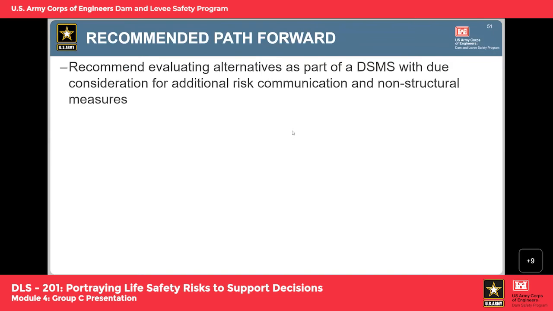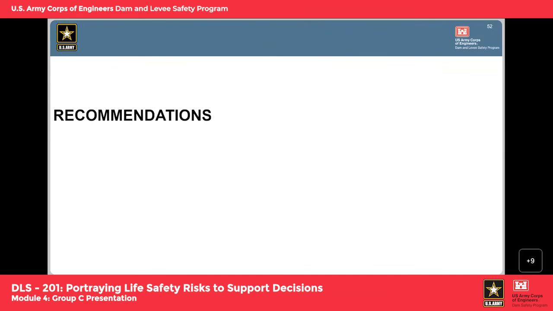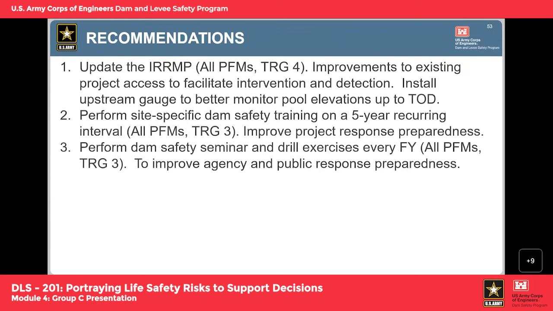We could communicate with the public to see if that's something they're willing to entertain. And then recommendations: again, update the IRMP with the new elements, perform the site-specific training that they're supposed to be doing, and get back up to speed on those seminars and drills.